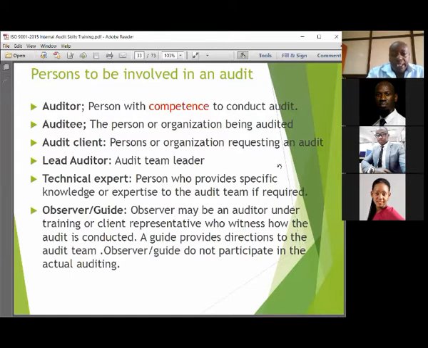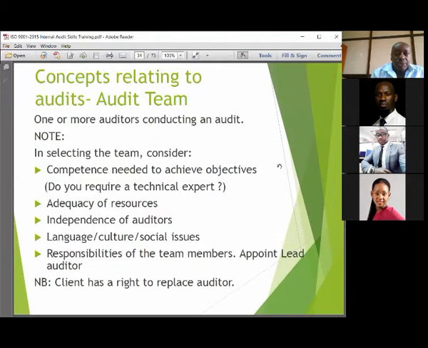Or they can even go there as a guide to show them, yeah, the office is here, after this office you need to go there. But they are not participating. The ones who are participating are the auditors who are competent and have been trained. So those are some of the persons who could be involved.